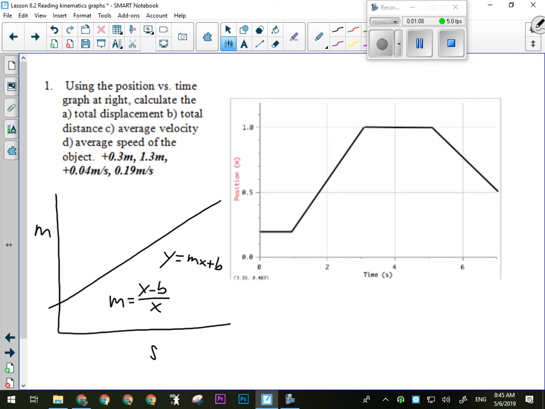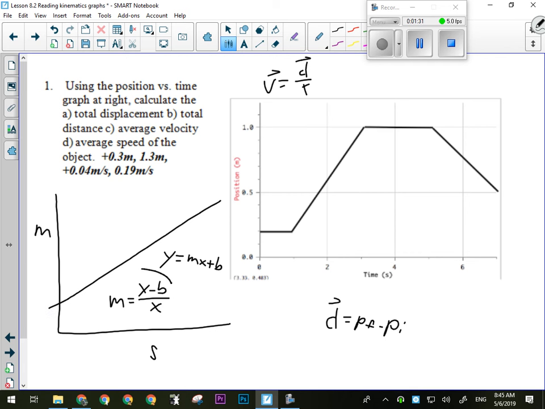Okay, now that's all well and good if your graph is one linear line. Okay, but on this graph, obviously it's not. So we may have to delve into our formulas a little bit. That's v equals d over t. Okay, and use that a little bit, and also this one, right? And that is that displacement is final position minus initial position.